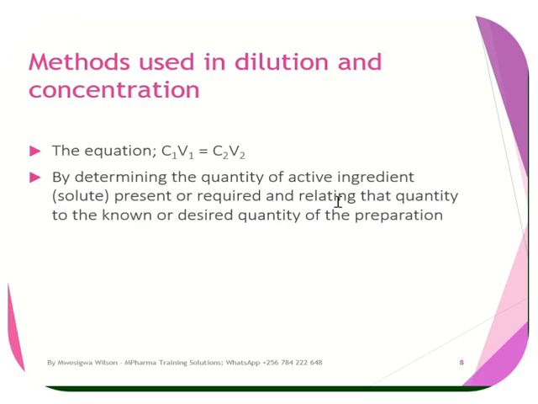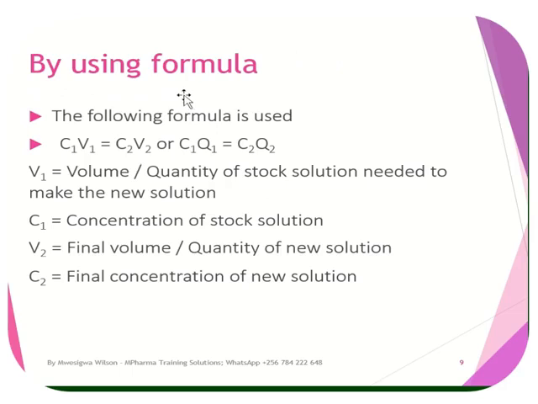If you look at the question, you can easily work backwards. With first principles, you find the quantity of the active, then do the relation, and then calculate the quantity of the other that is required, which you are going to explain in the slides. So this equation is key, and you have to understand it.